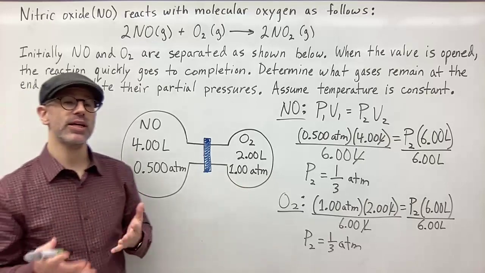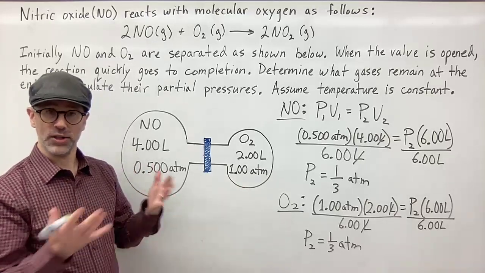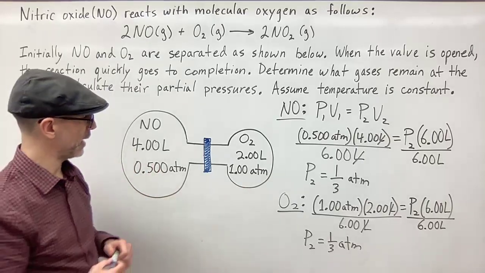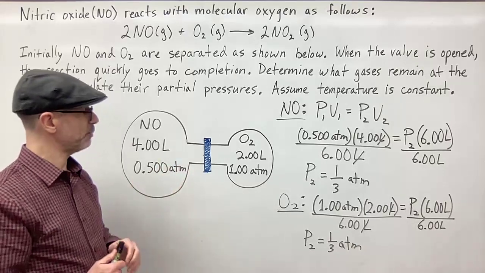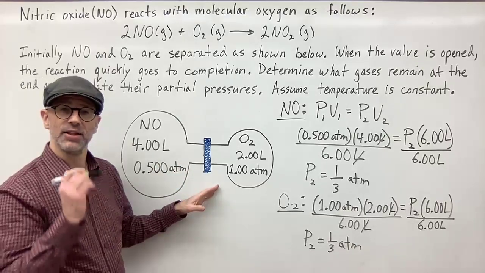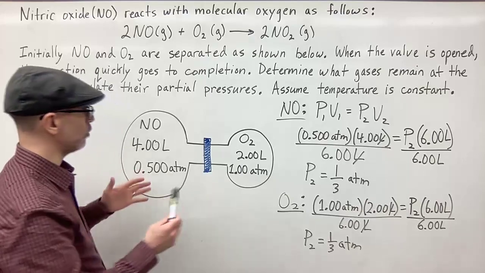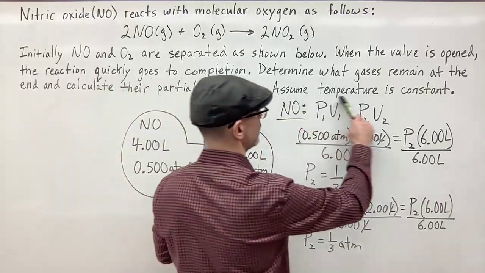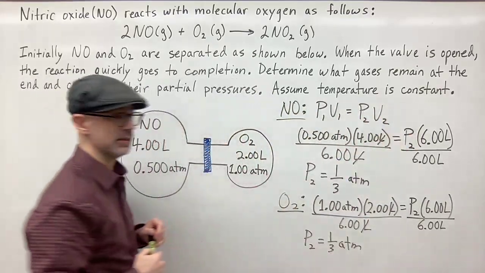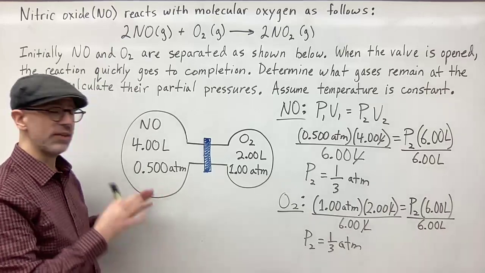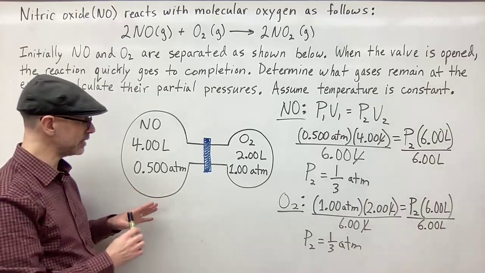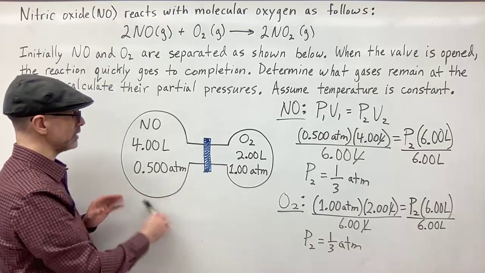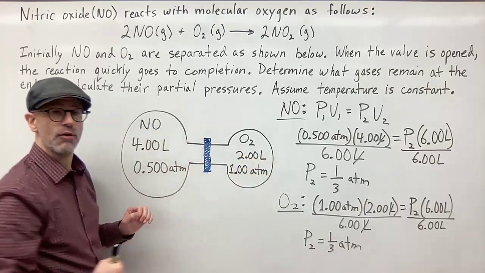Okay, now we can start to think about what the reaction is going to be at this point. But before we get to that, there's one thing I want to point out. Notice how we are told that the temperature is constant. Now that the reaction is going to take place, both gases are under the same volume.